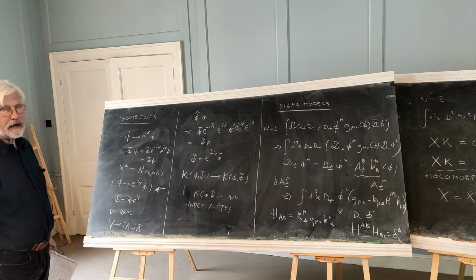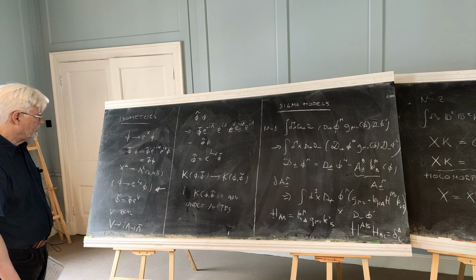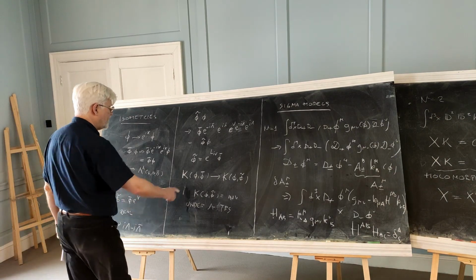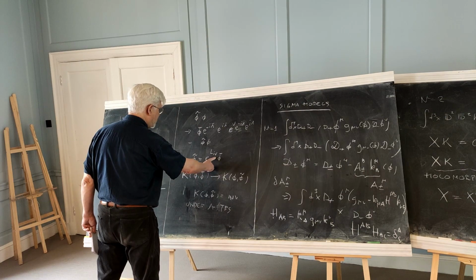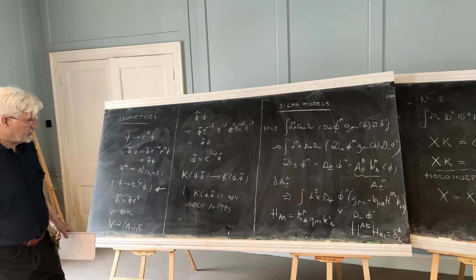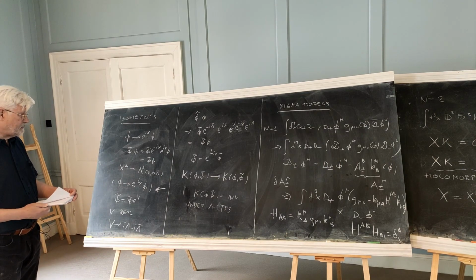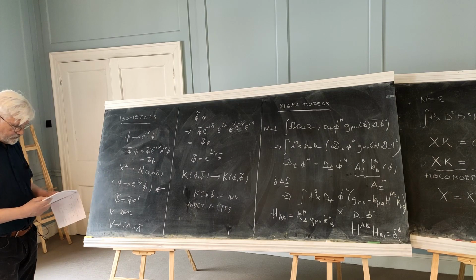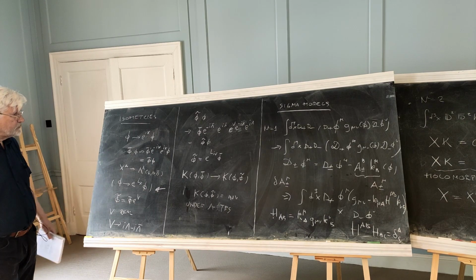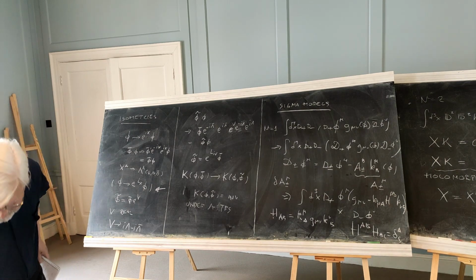And the result is supposed to be phi tilde, or should it be phi bar? Phi tilde is when you act with this Lie derivative with parameter IV on phi bar. Okay. Right.